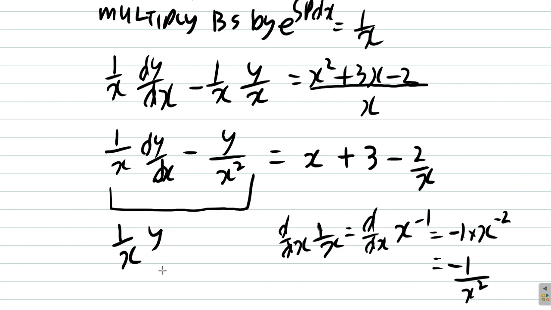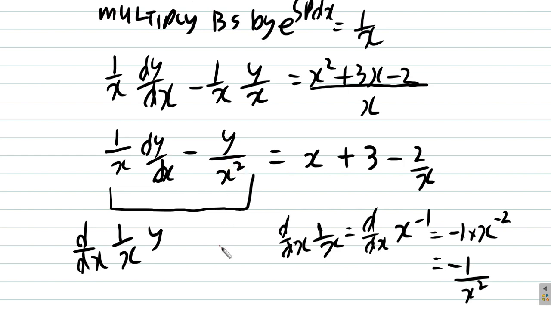So here, if you differentiate this using the product rule, d by dx of 1 over x times y, you hold 1 over x, differentiate y with respect to x, plus you hold y, differentiate 1 over x with respect to x, you get a negative, and under the line you get an x squared.